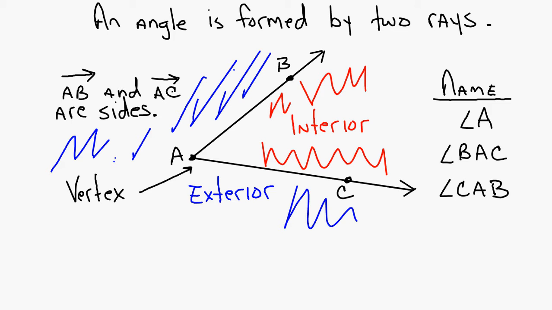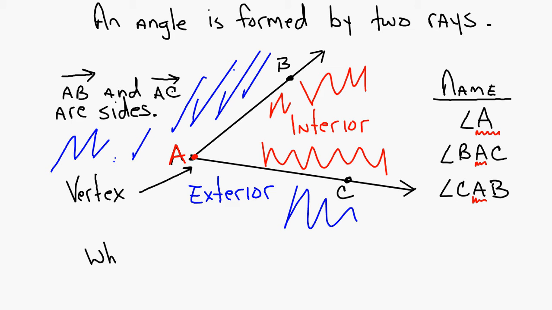When you're using one letter to name an angle, that letter has to be the vertex. When you're using three letters to name an angle, the vertex has to go in the middle. That's real important.